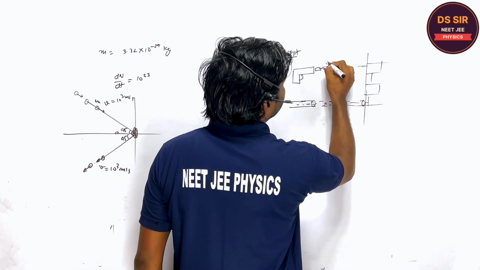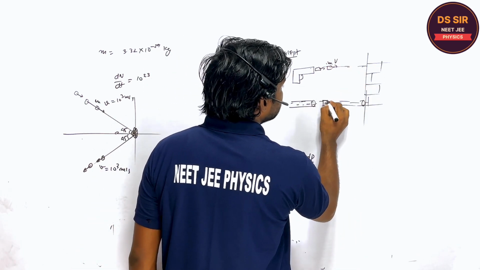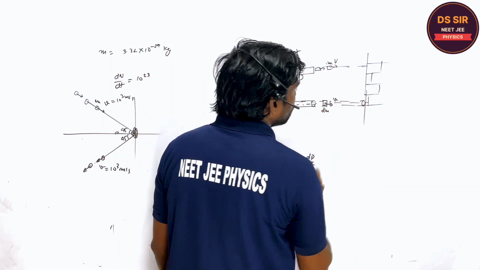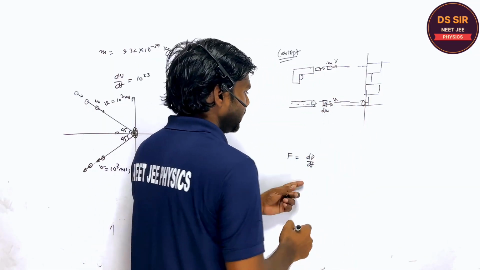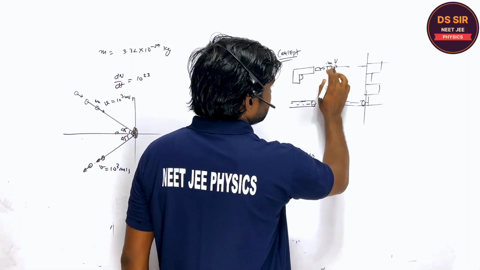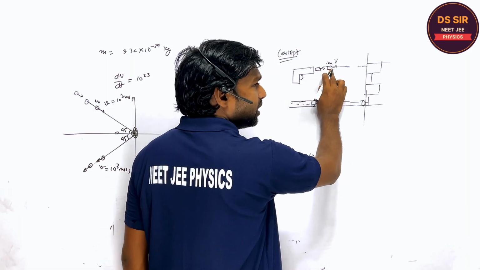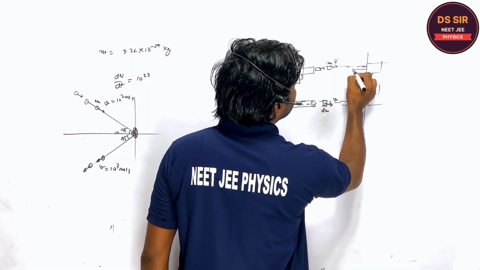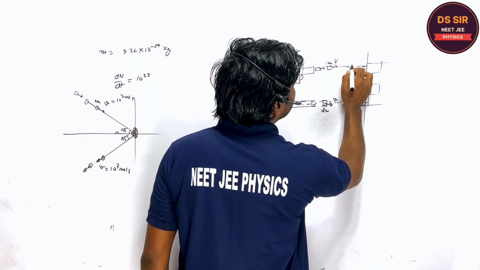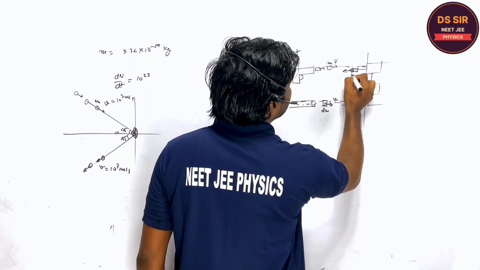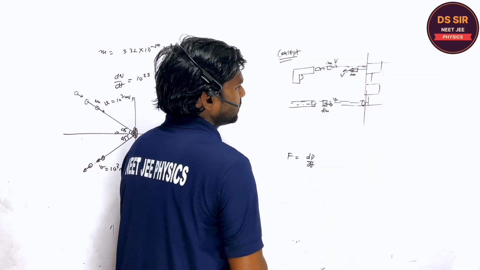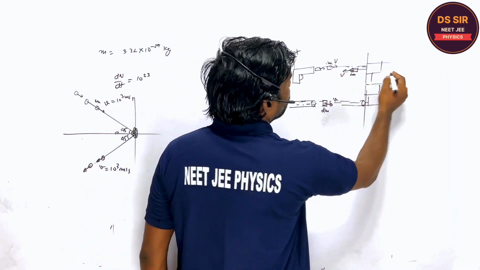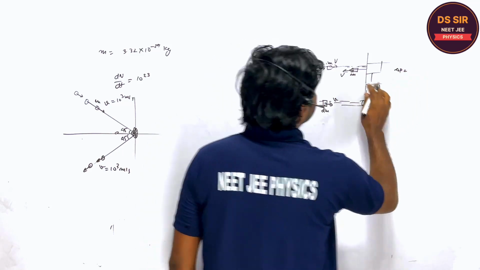Because if you consider the dm mass moving with speed v, the momentum changes. One more thing, if you consider this is m into v, and it is coming, suppose it rebounds elastically with the same mass and the same velocity. So can you tell me what is the change in momentum in this case?